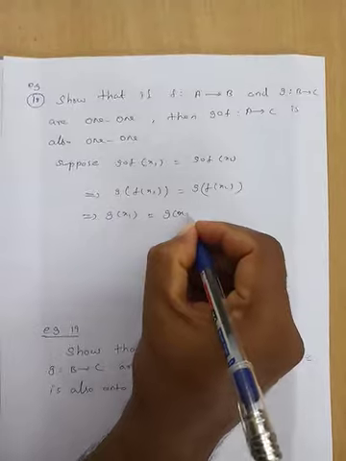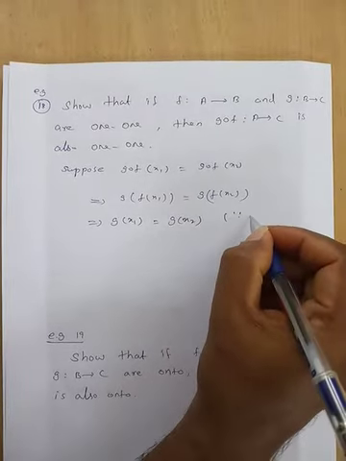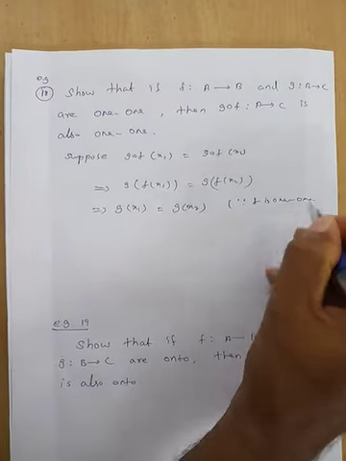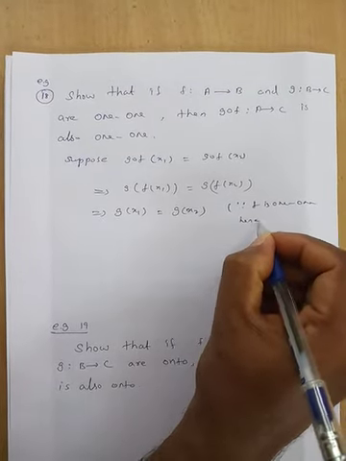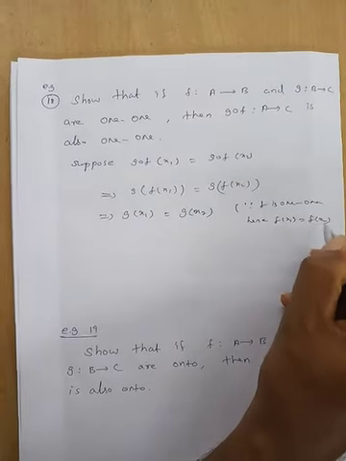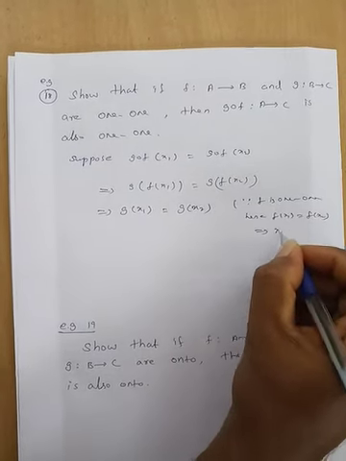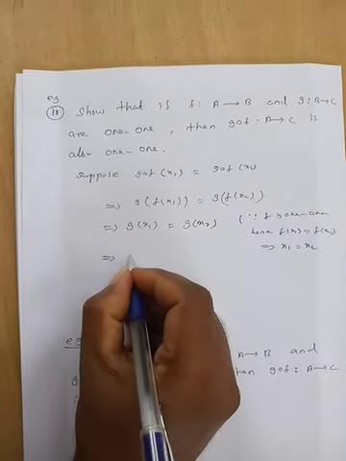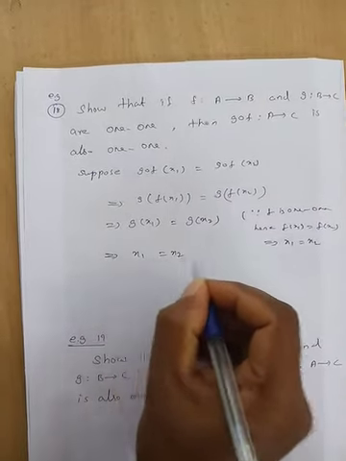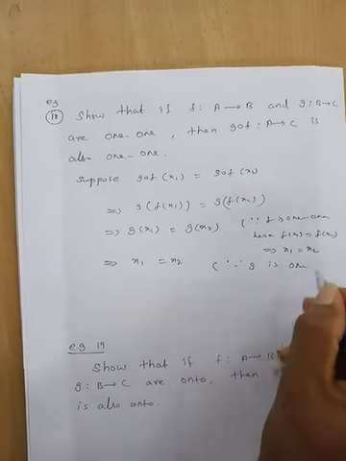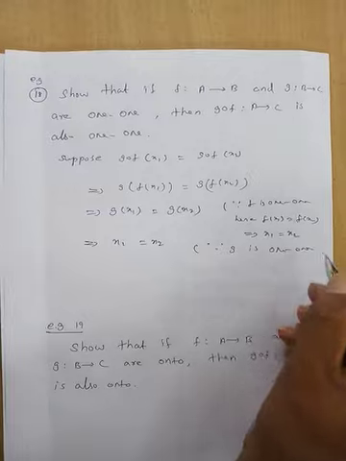which implies f of x1 equals f of x2, since g is 1 to 1. Hence, f of x1 equals f of x2, which implies x1 equals x2, since f is 1 to 1.